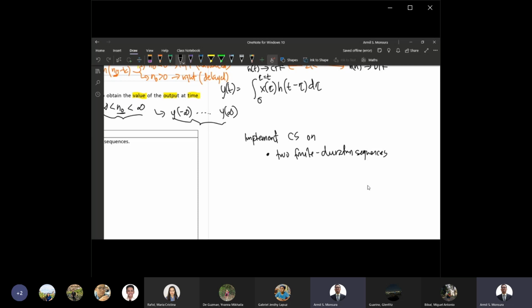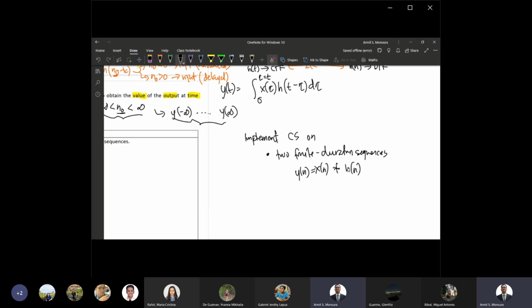Meaning you have an x of n that is finite duration, and an h of n that is finite duration. We will find out how to implement the convolution sum in that setting.